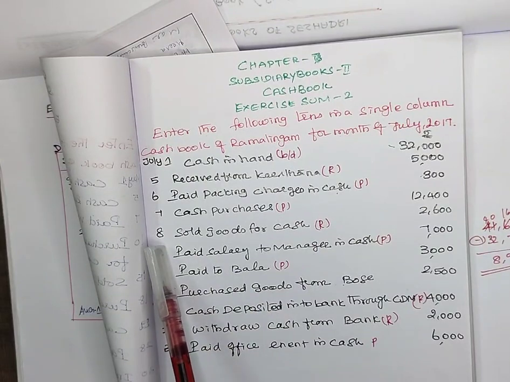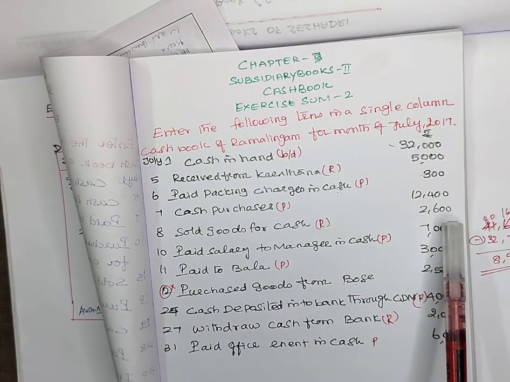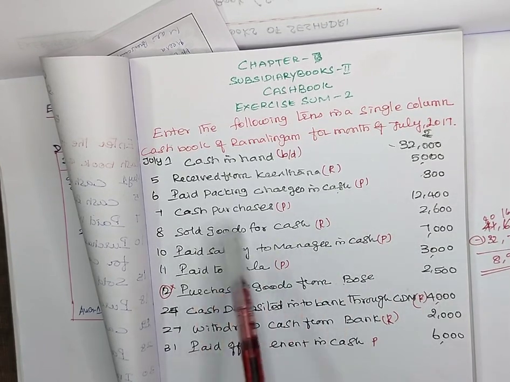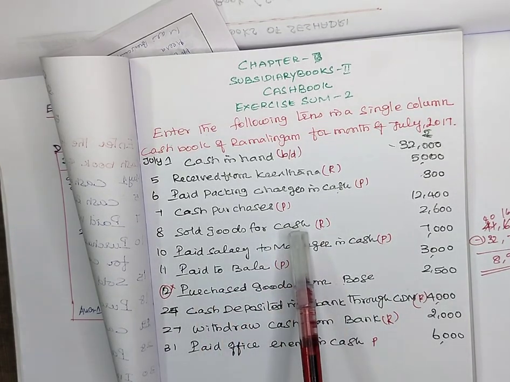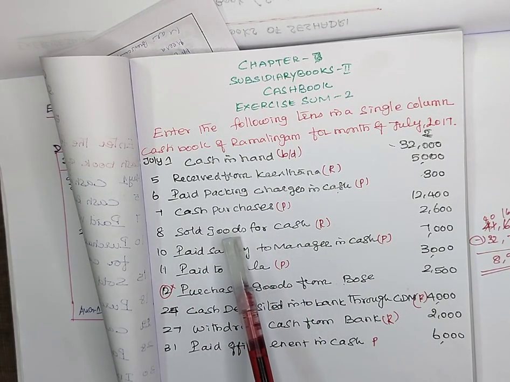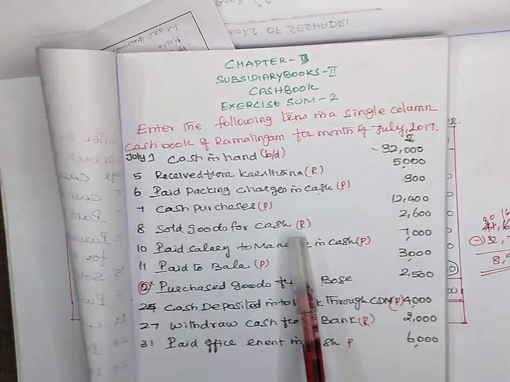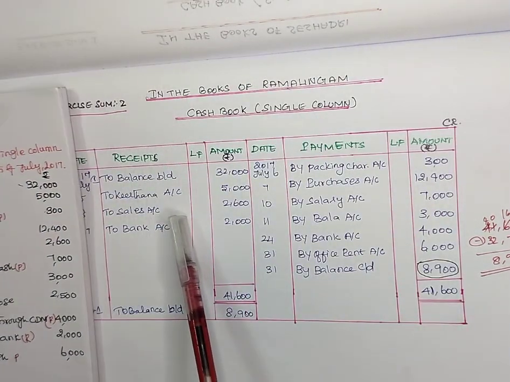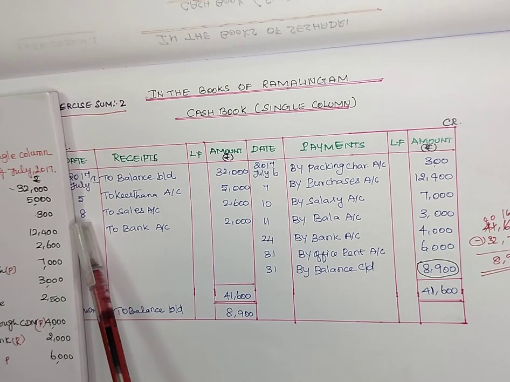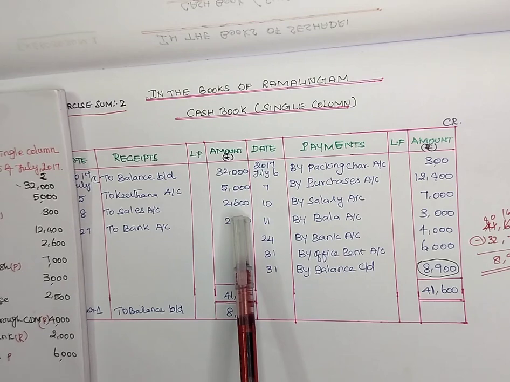Then July 8, sold goods for cash rupees 2,600. Sold goods for cash means when you generate sales you receive the income, so this is an income receipt. You go to the receipt side, dated July 8, to sales account 2,600.